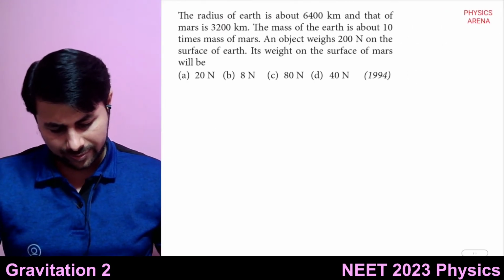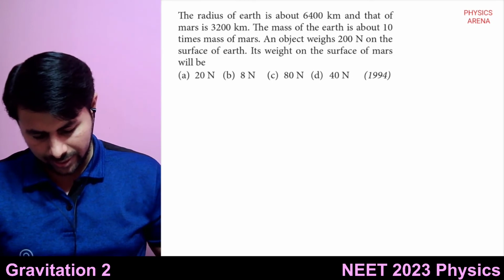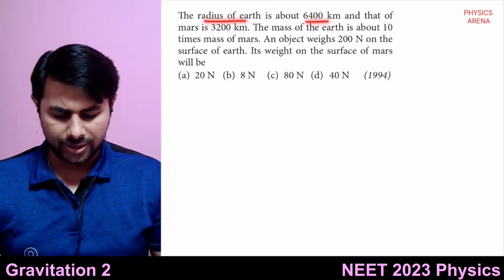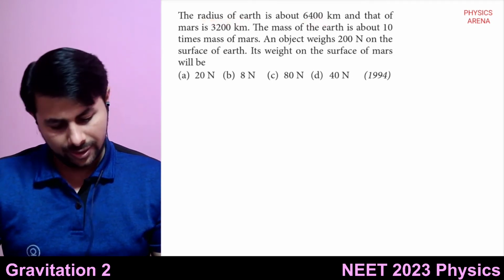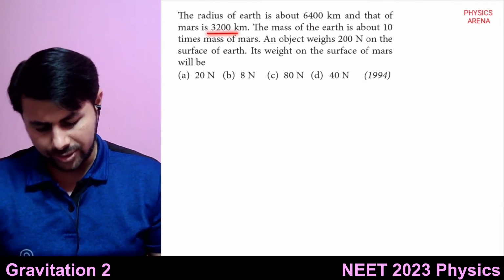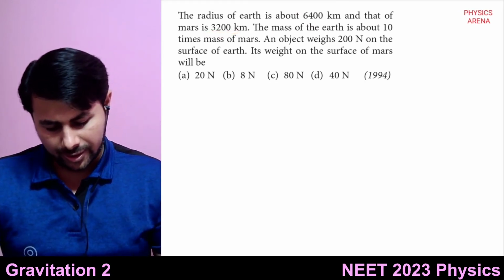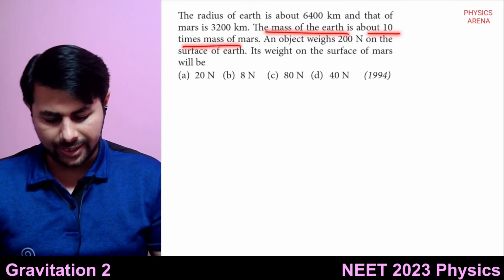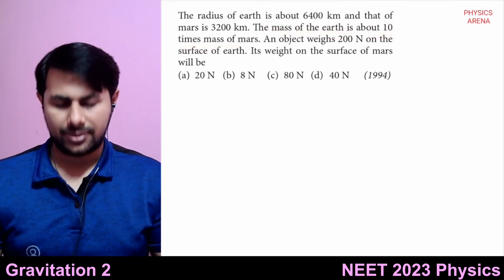All right. Next question. Radius of Earth is about 6,400 kilometers and that of Mars is 3,200 kilometers. The mass of Earth is about 10 times the mass of Mars.